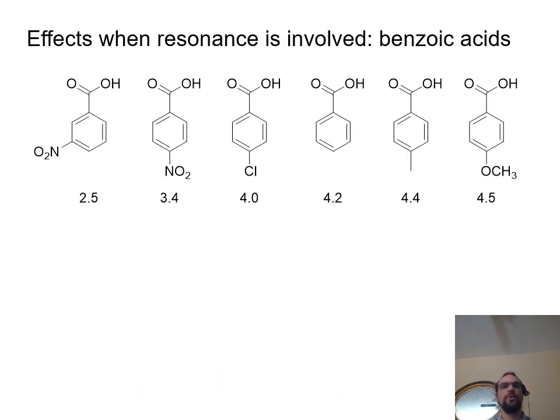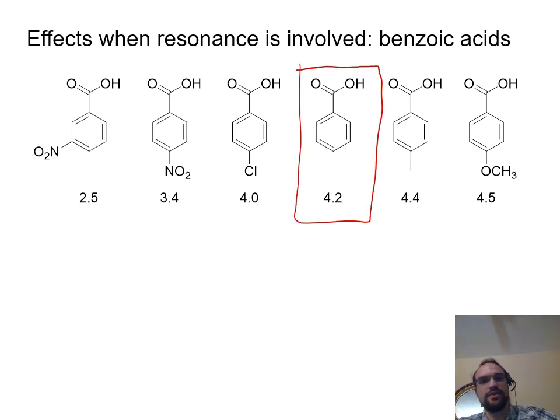Okay, so how about for benzoic acid, and what's the effect when resonance is involved? So here's the structure of benzoic acid. It has a pKa of 4.2. These are all pKa values. And notice as I go in this direction, I have electron donating groups.